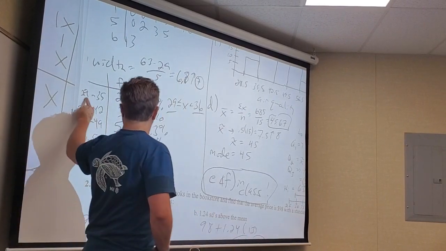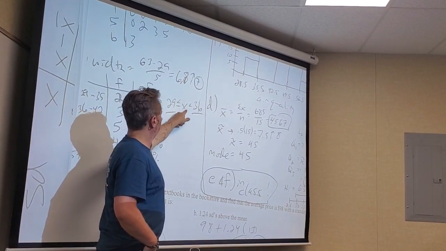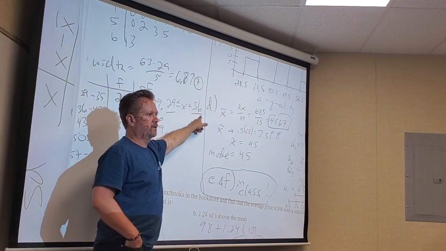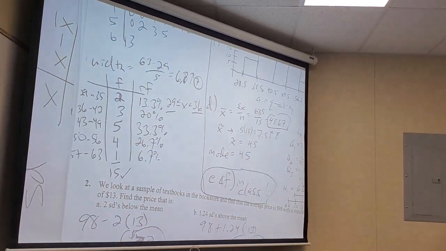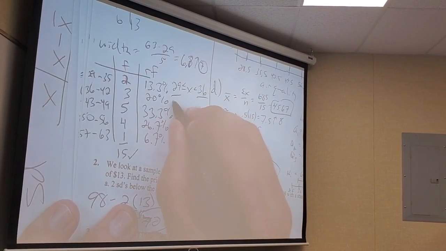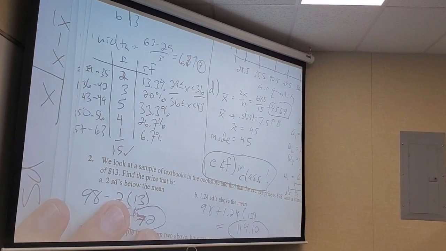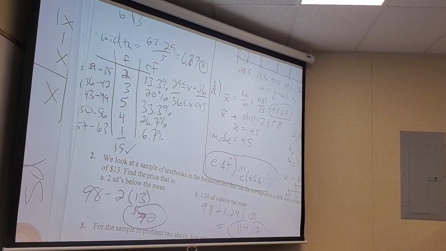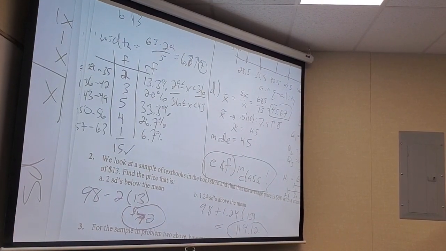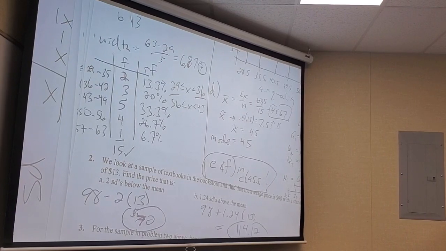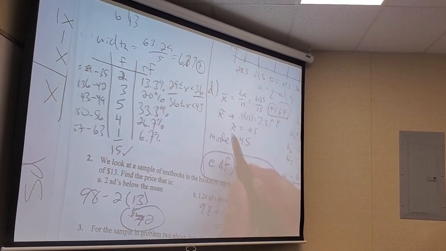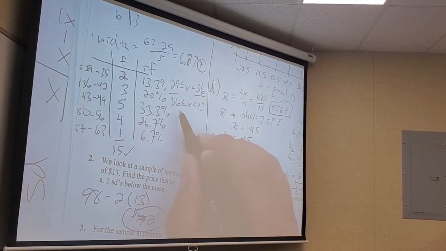If I do the first class as 29 less than or equal to x less than 36, and the next class as 36 less than or equal to x less than 43, which class would I put 36 into, first or second? Second, because the first one is less than 36, not equal to 36.